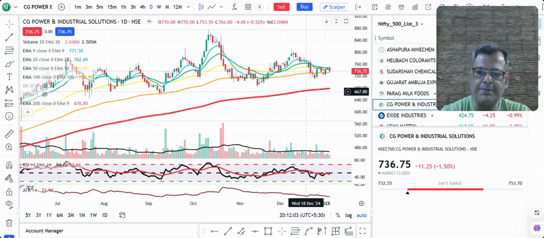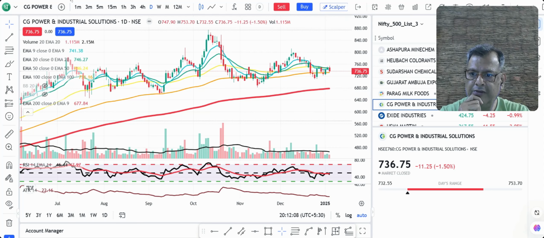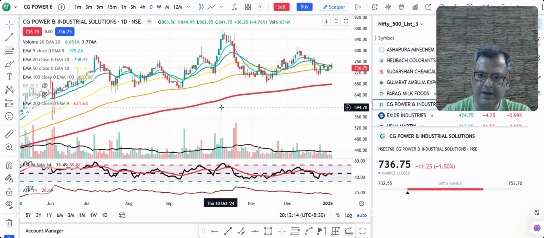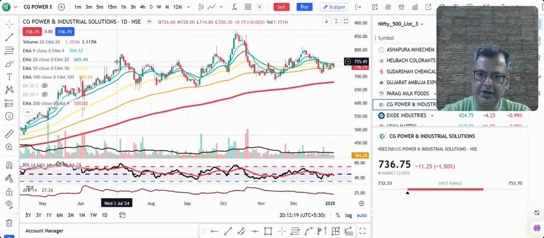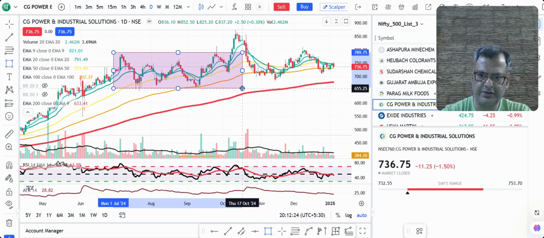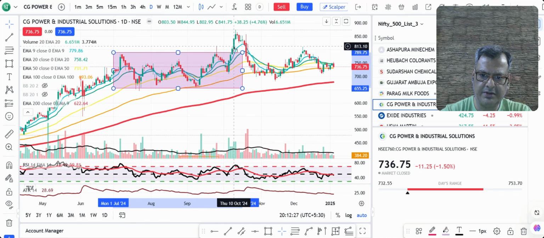Now, let's go back to placing our stop loss correctly so that we don't get stopped out multiple times while the price keeps trending in the direction that we thought. If you look at CG Power, the instrument that we are looking at, we have got price in a range here, in a box, and we have good volumes here, definitely above the 20 period moving average.